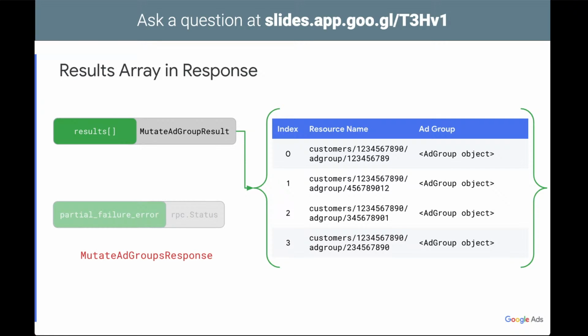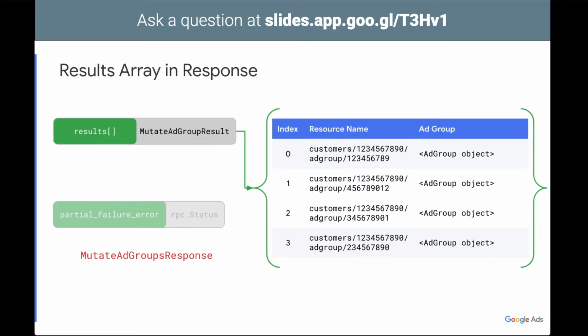The indices in the results array correspond to the indices of the operations in the request. So, since I issued 4 operations in my request, I received 4 individual results. In this case, the first 2 indices, 0 and 1, are my create operations, index 2 is my mutate, and index 3 is my remove.